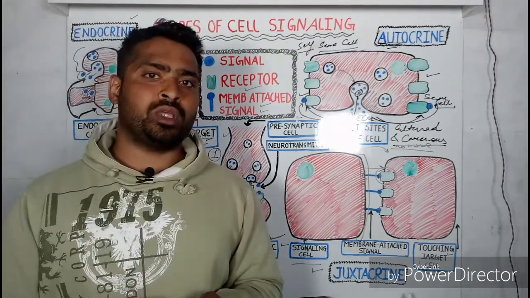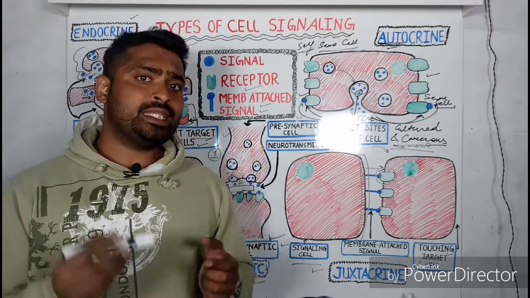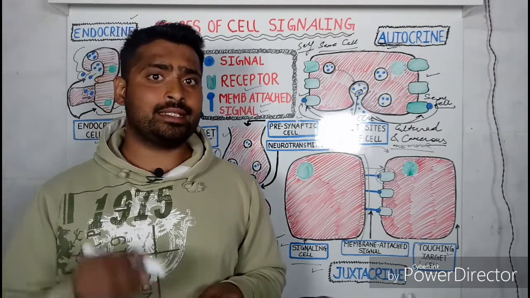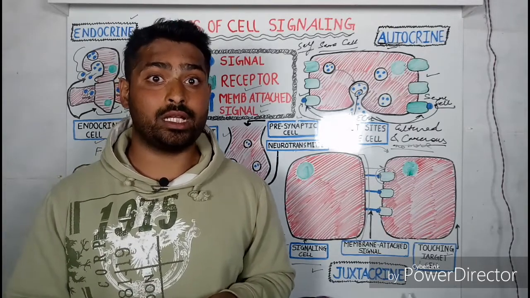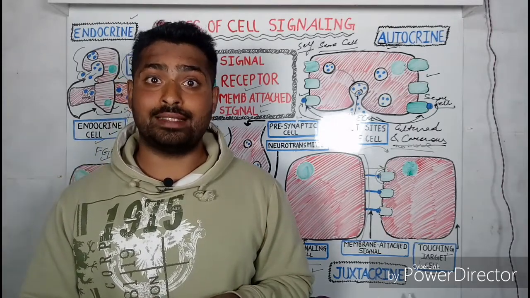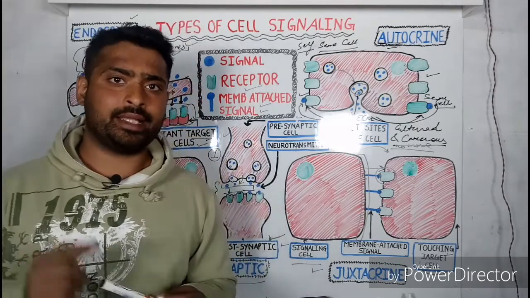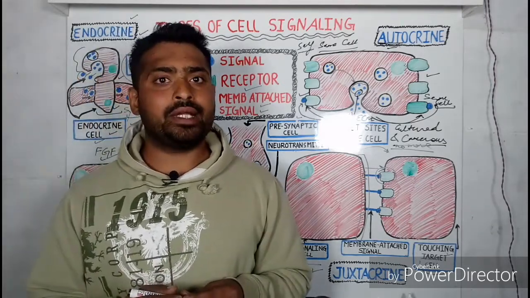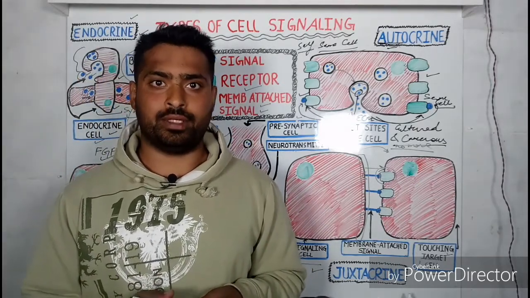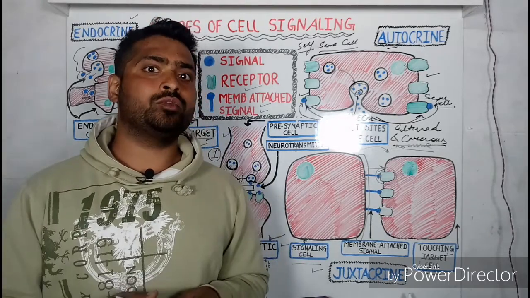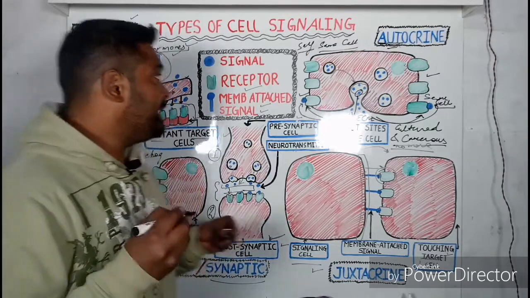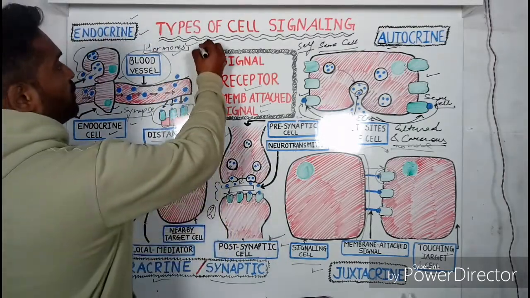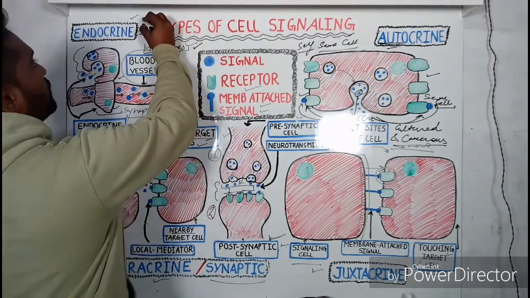Now I want to tell you something. Sometimes we see in signaling systems that a single type of signaling molecule is involved in more than one type of cell signaling. Let's take an example: epinephrine and norepinephrine. I told you earlier that we will talk about it later. This epinephrine is acting as a hormone in the endocrine system.